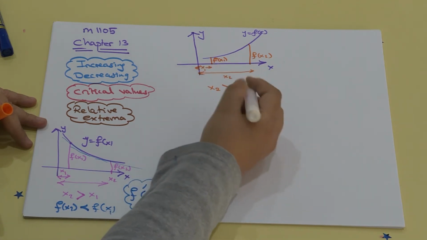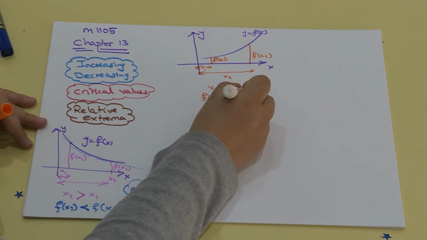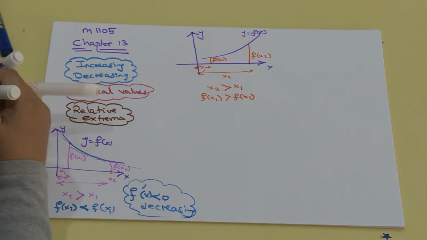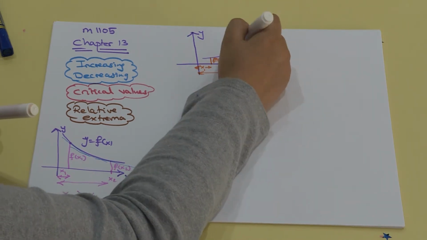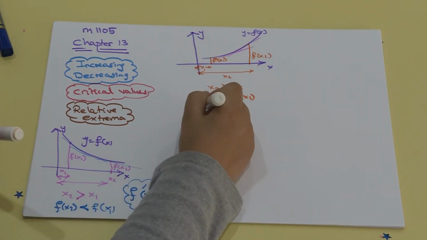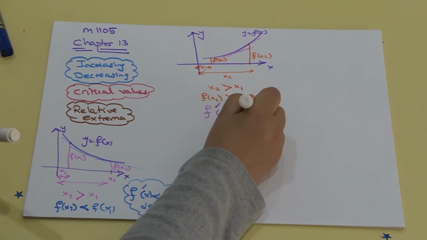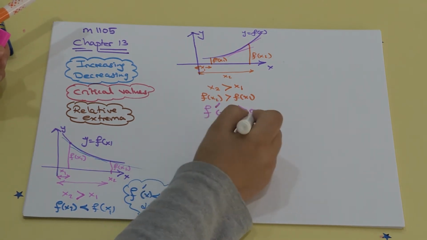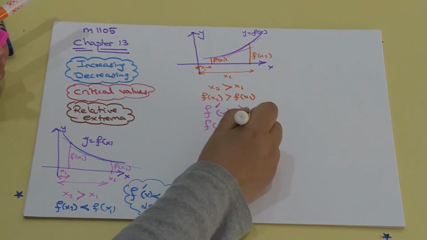We find that x2 is greater than x1, and also f of x2 is greater than f of x1. This is an increasing function, as we see from the curve. If we repeat the same idea of taking the tangent line to any point, we find that the slope of this tangent line is always positive, telling us that f prime of x on this interval is greater than 0. So whenever we have the first derivative greater than 0 on a certain interval, we can say that the function f of x is increasing.